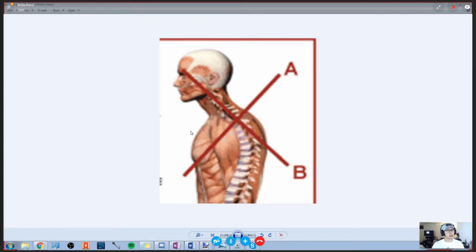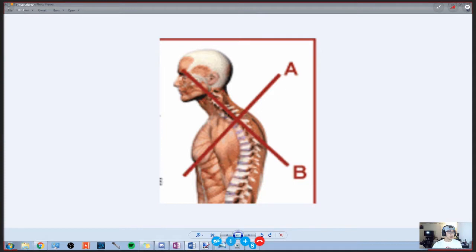And line B represents weak, or what you call inhibited, meaning they don't work as well because they're in a lengthened position. These are your deep neck muscles over here, and things like your lower trap and serratus, your wing or finger muscles over here. We associate it with the B line.